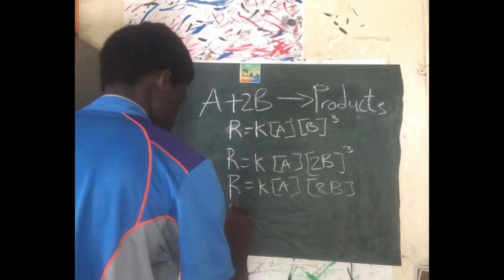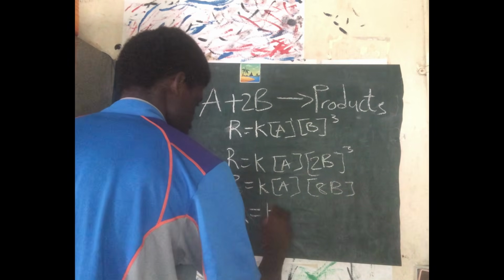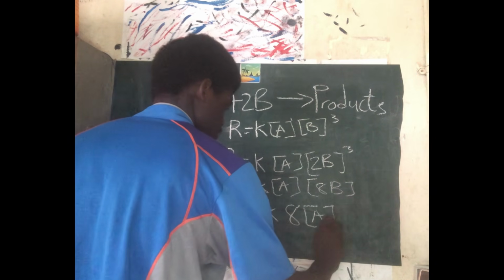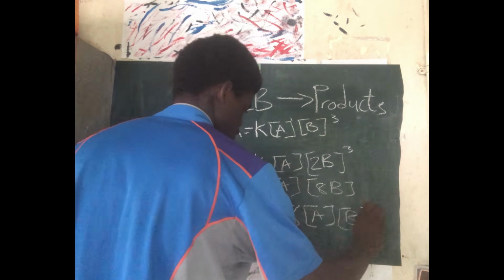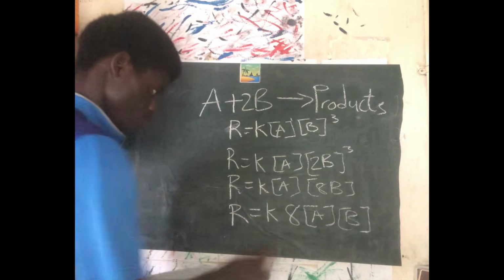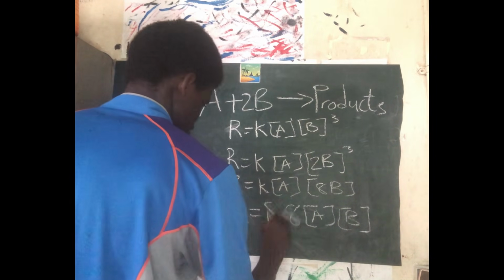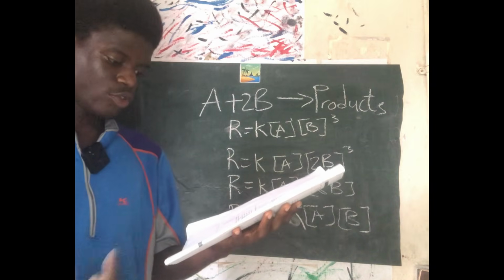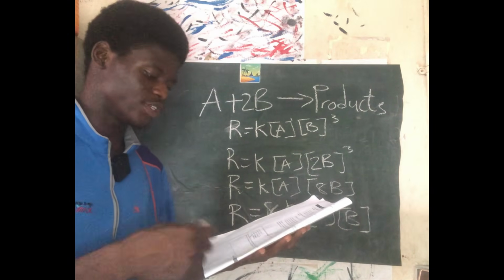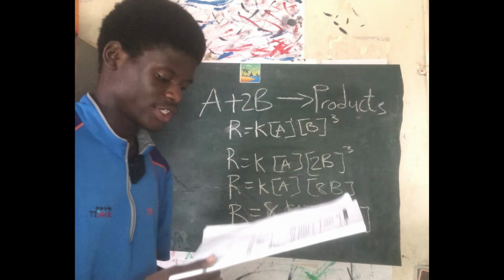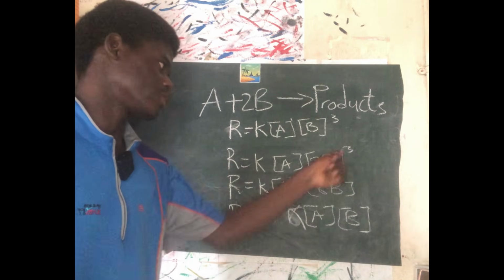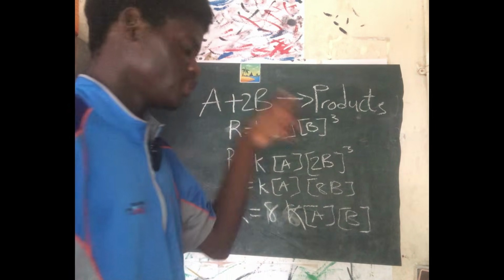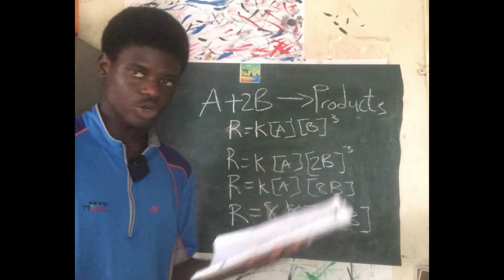We can bring the 8 outside. The question is by what factor will the rate of reaction increase? The rate of reaction increased by a factor of 8, because 2 raised to power 3 is 8 and this one is unchanged. So our answer is option D.